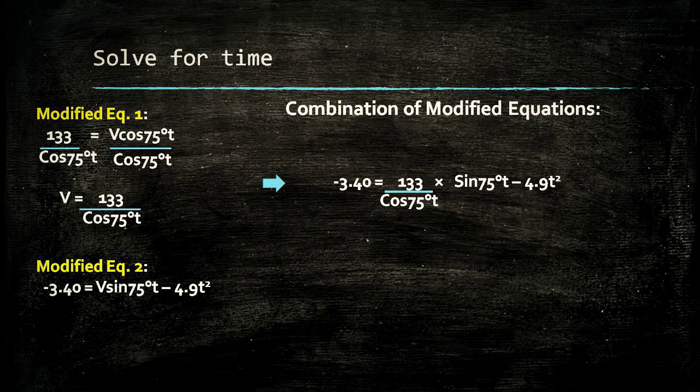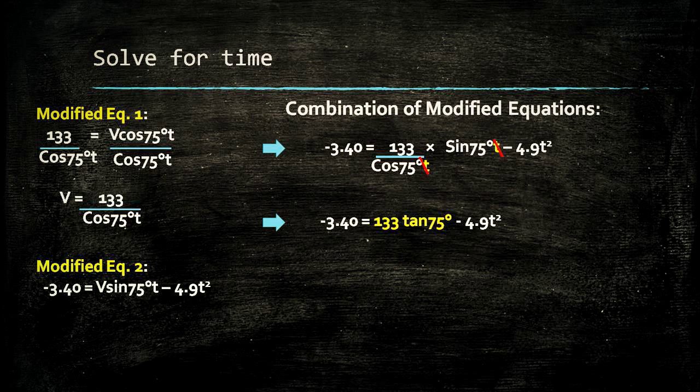So we have negative 3.4 equals 133 divided by cosine 75 degrees times time, multiplied by sine 75 degrees times time, minus 4.9 times time squared. Knowing trigonometric identities, sine over cosine equals tangent, and the coefficient for time will cancel out. So now we have negative 3.4 equals 133 tangent 75 degrees minus 4.9 times time squared.